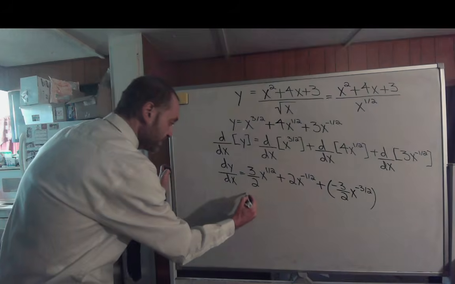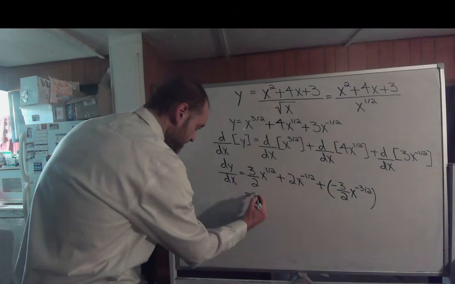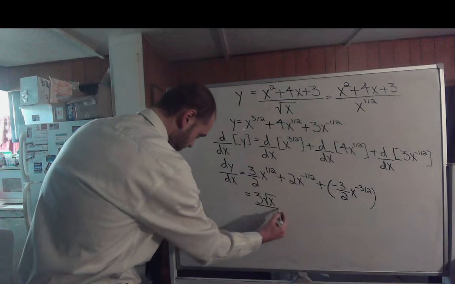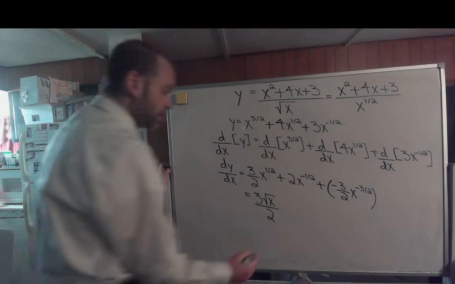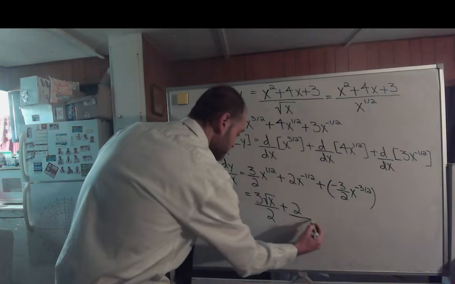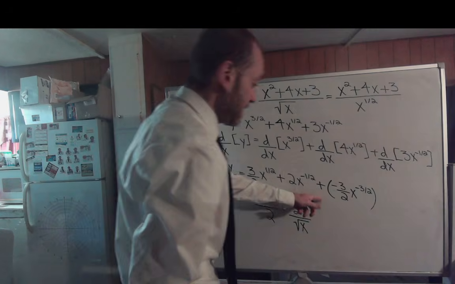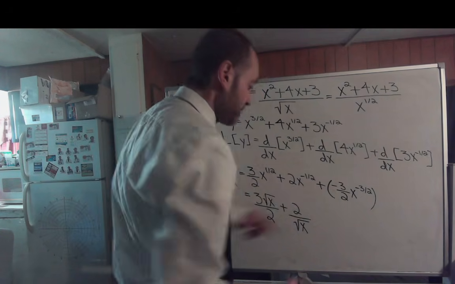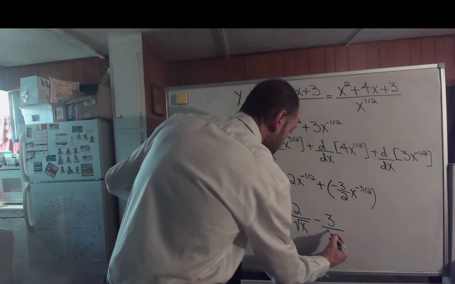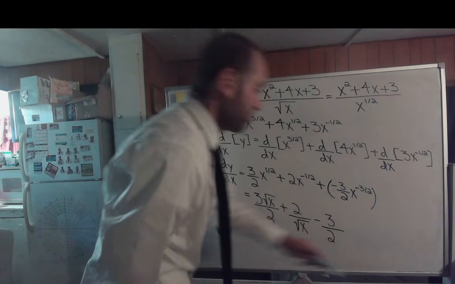So let's simplify this a bit. So 3 over 2 times x to the 1/2, that's the same as 3 times the square root of x over 2, plus 2x to the negative 1/2, that's the same as 2 over the square root of x. And then we have plus negative 3 halves, that'd be minus 3 over 2. Well, x to the negative 3 halves can move to the denominator and become positive.